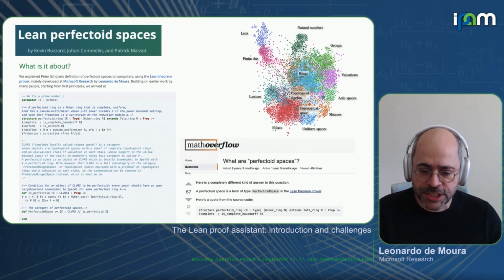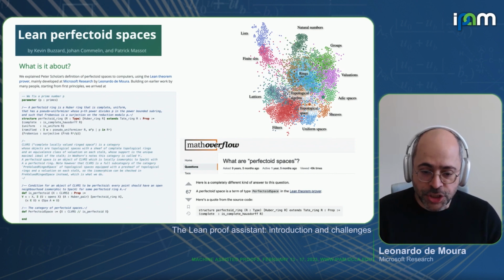And Mathlib is a foundation to many other projects like the Lean Perfectoid Spaces. Some people talked about these projects already, but I thought it was a really nice twist, right? Before this project, many people viewed proof assistants as a tool for ensuring your development is correct, your theorem is correct, the proof is correct.